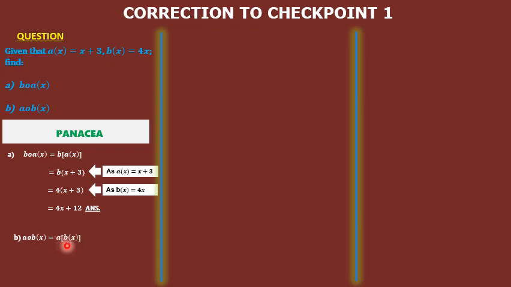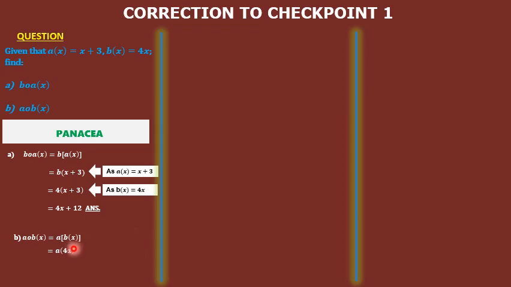It simply means whatever the output of b of x is, we slot it into the function a. So the output of b of x will serve as the input of a. What is the output of b of x? The output of b of x is 4x, which simply means we replace this b of x with 4x here, so that we are going to have a into bracket 4x.